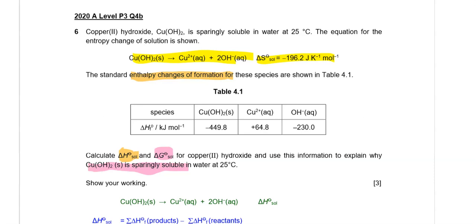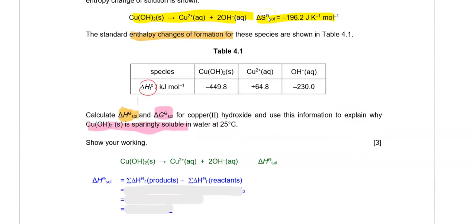Okay, so in this case, these are all your delta HF. Since we want to find the delta H of this reaction, we can make use of this formula, delta H equals formation of products minus reactants.